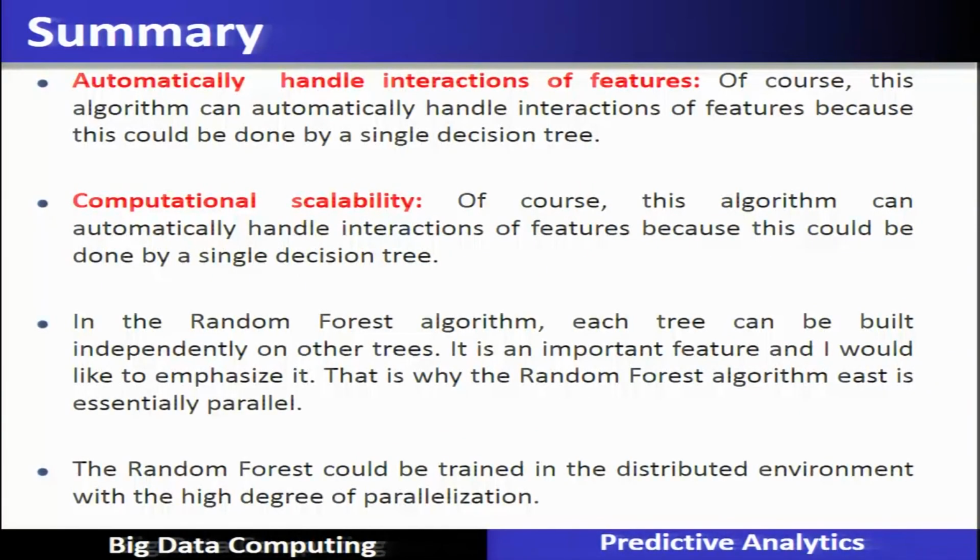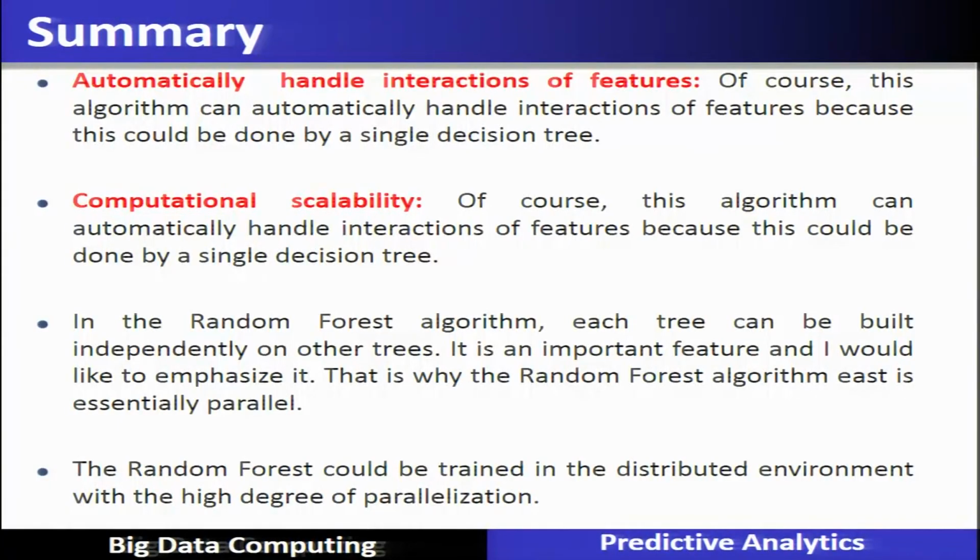So, summary: it automatically handles the interaction of the features in the decision tree. Of course, this algorithm can automatically handle the interaction of features because this could be done by the single decision tree, so that part is also covered in the random forest.